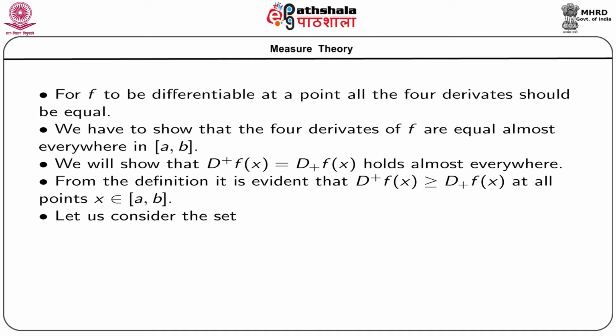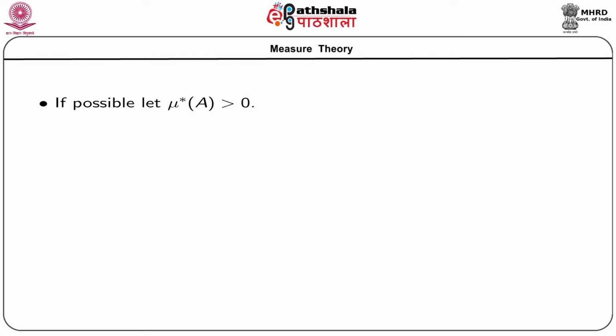So, if we can show that mu star of A is equal to 0, then evidently we will have the result that on the complement of this set A, D upper plus f(x) equals D lower plus f(x), and this will prove our assertion. On the contrary, if possible, suppose that mu star of A is greater than 0.